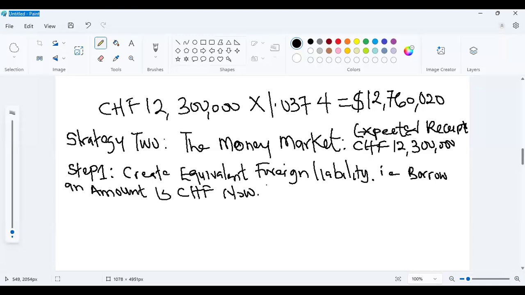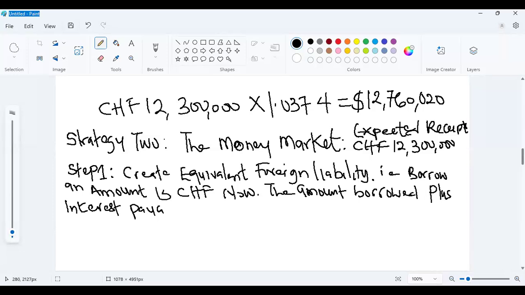The amount borrowed plus the interest payable must equal CHF 12,300,000.